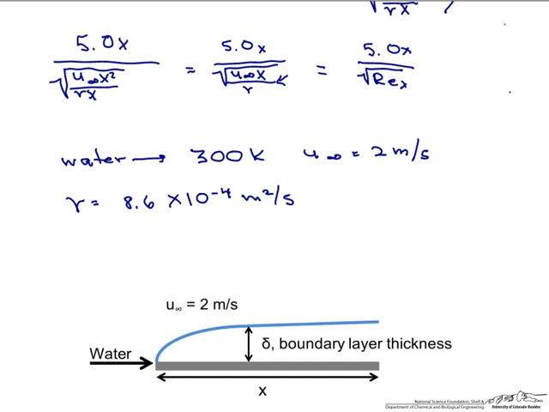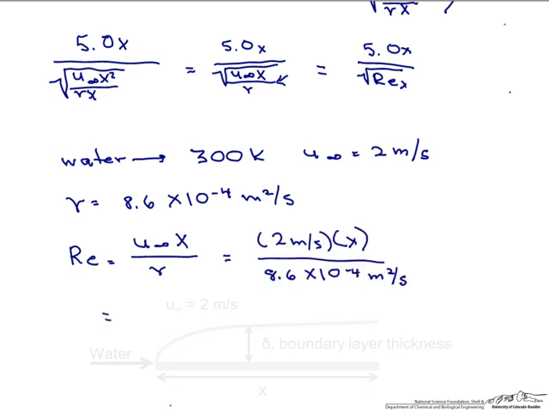Next, we find the Reynolds number, which is defined as the free stream velocity times x divided by our kinematic viscosity. Our Reynolds number in terms of x equals 2,326 inverse meters times x.